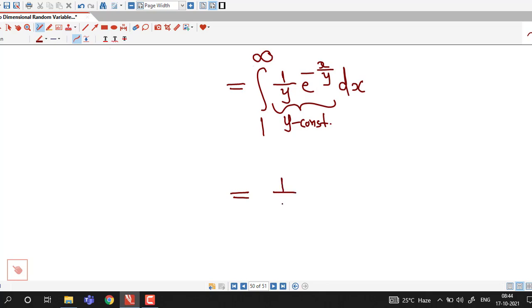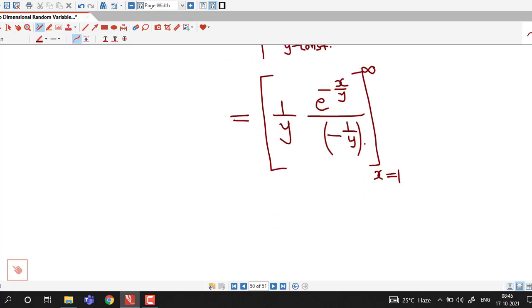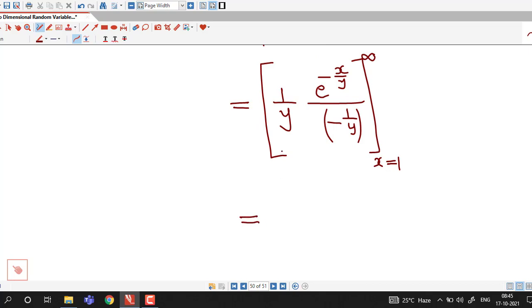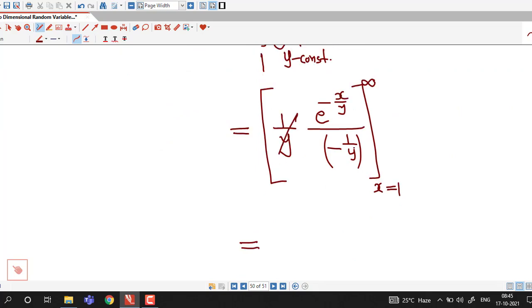So 1 by y is constant, and the integral of e raised to minus x by y is e raised to minus x by y divided by the coefficient of x, which is minus 1 by y, with limits of x from 1 to infinity. Here y is positive, so we can cancel out 1 by y. If we take x tending to infinity, we have e raised to minus infinity, and with the minus sign, minus minus is plus.